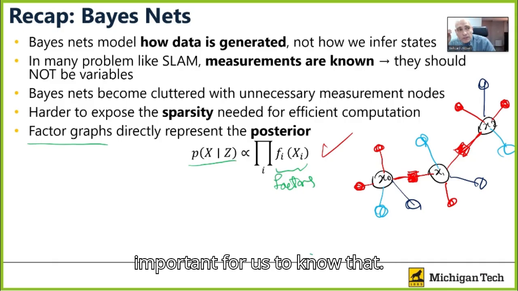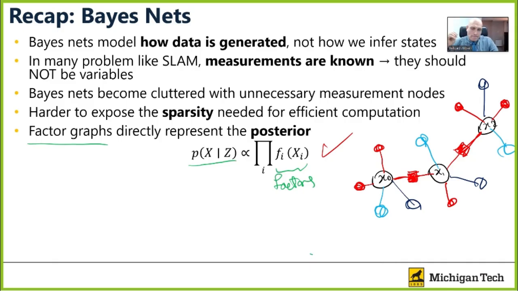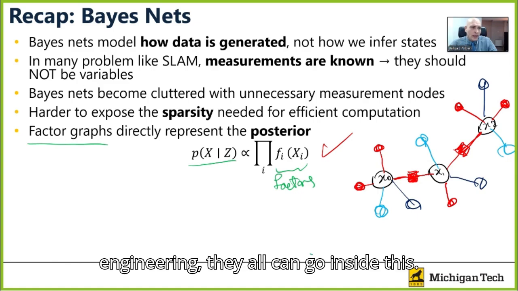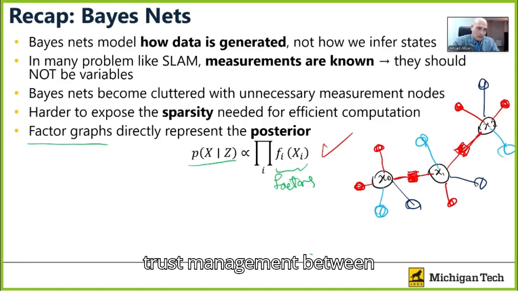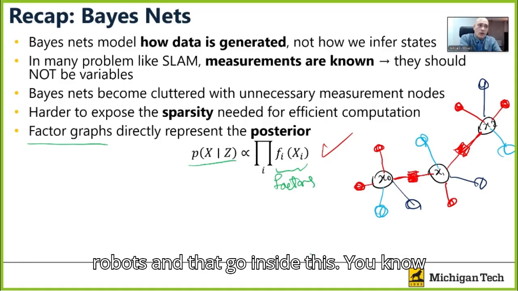That's why it's so important for us to know that, especially when we are working in perception, robotics, AI, and anything related to electrical engineering. They all can go inside this. I work in trust management between robots, and that goes inside this.